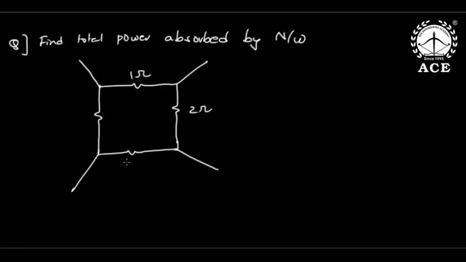One ohm, 2 ohm, 3 ohm, 4 ohm. This is 3 amperes. This is 5 amperes. This is 2 amperes. Okay, chalo. Find total power absorbed by the network. 2 minutes, sir. Everybody try this for 2 minutes.